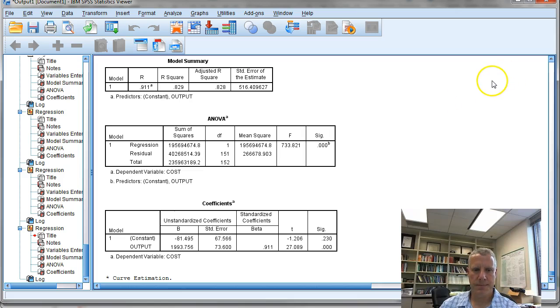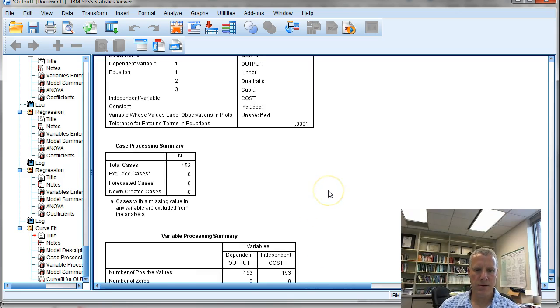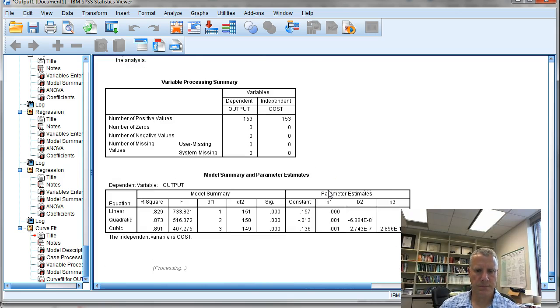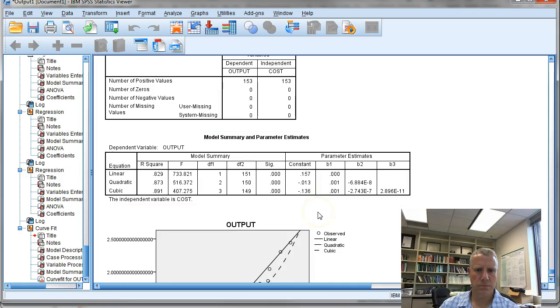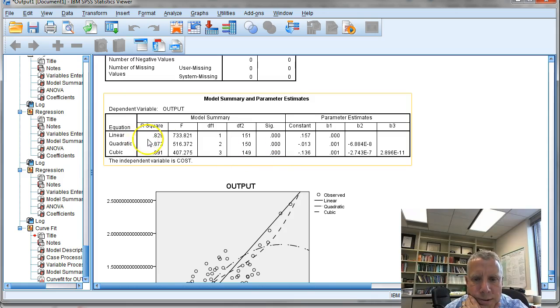It's cranking away, doing some curve estimation. All right, so here's the results. Well, it's kind of weird.